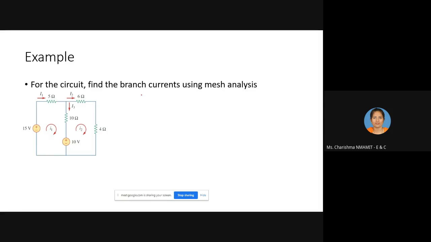I1, I2 and I3 are the branch currents, while I1 and I2 are the mesh currents. So here you find the mesh currents first, and once the mesh currents are known, you find the branch currents.